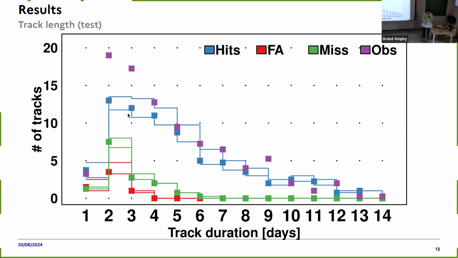If you take the blue, you can see that we have more difficulty reconstructing the short tracks, which are usually the weaker cyclones, so more difficult to reconstruct, and maybe not even in ERA5. Sometimes you don't see those tracks in ERA5 as well.